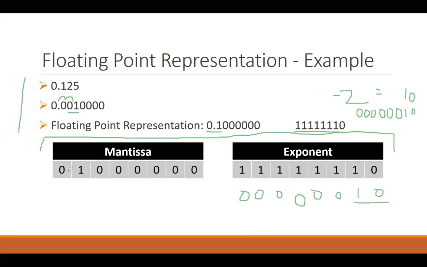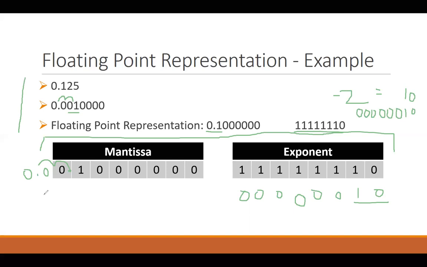As it was a -2, now my job would be to move to the left. As I've told you, this is my binary point. So 1 and 2. Let's write a 0 here for clarification and another 0 after that. So this is my decimal point and I have to move it to the left 2 places.